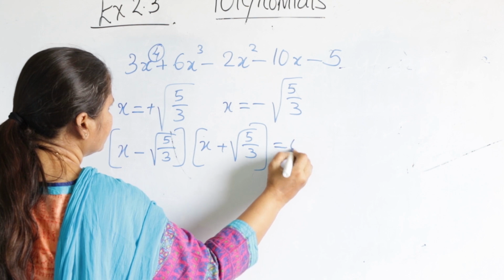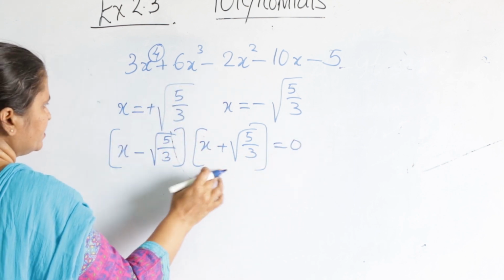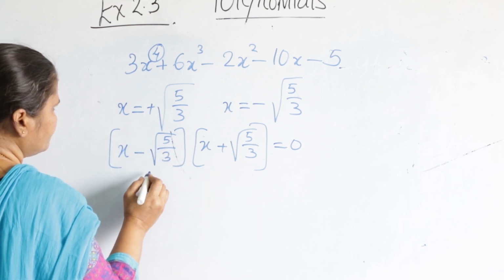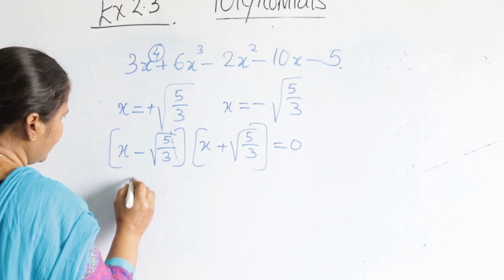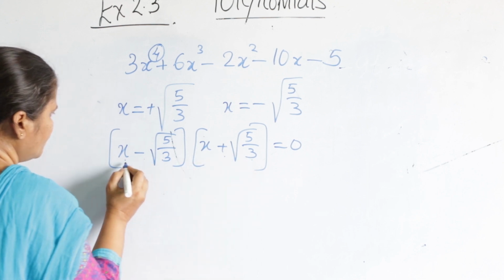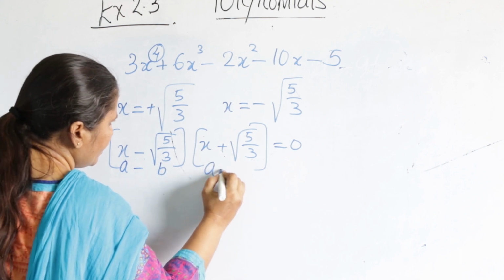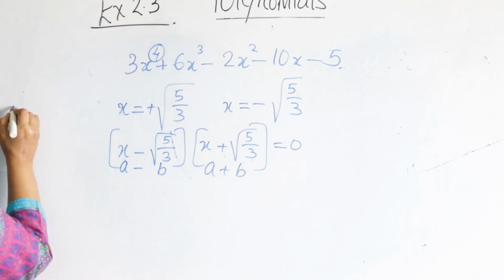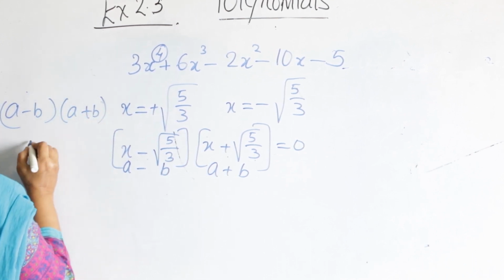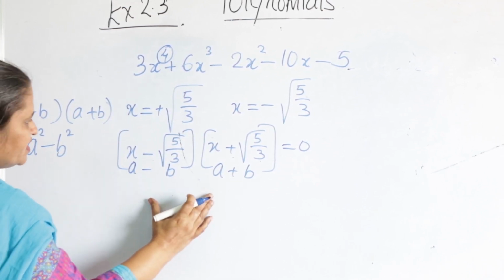These two put together will be a factor. If you observe carefully, this is like a minus b, a plus b, which is nothing but a square minus b square. So we will put this here.